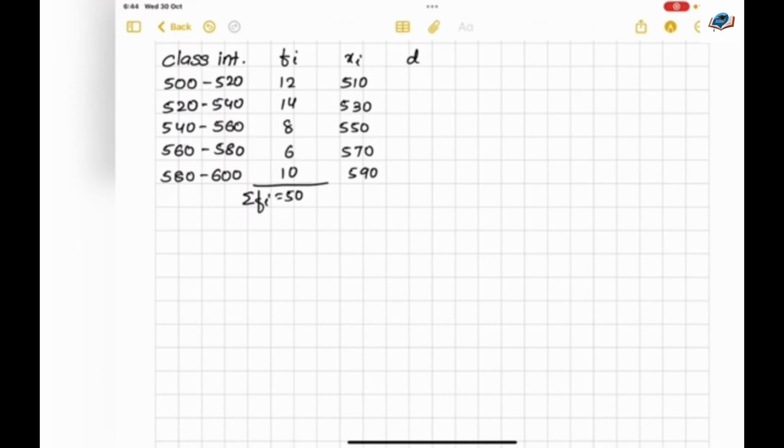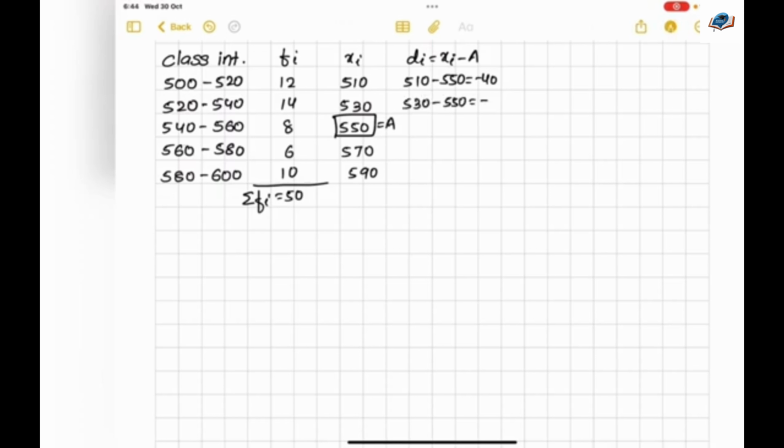Now di equal to xi minus a. So I will need to select one value. So let me select the central value only as a. So 510 minus 550. So that will be minus 40. 530 minus 550.